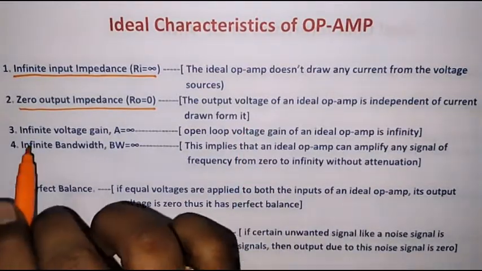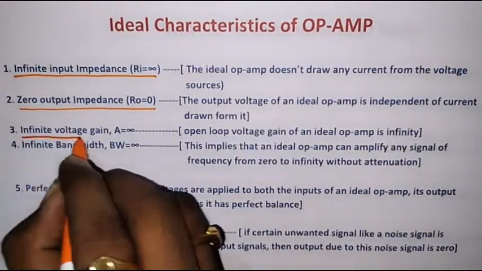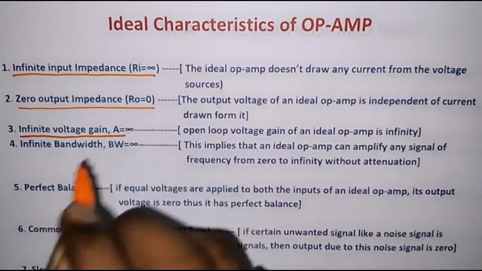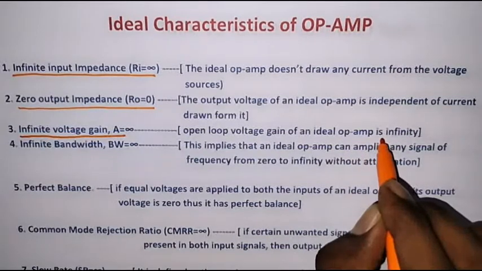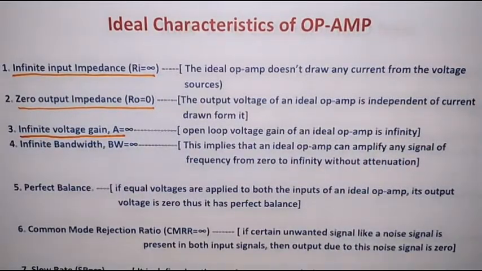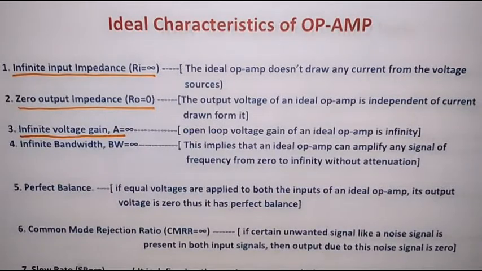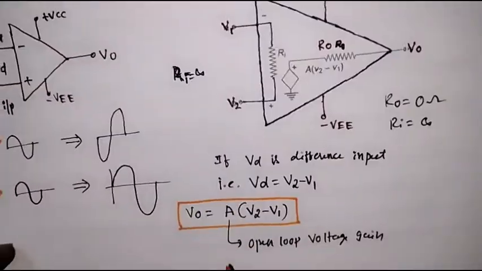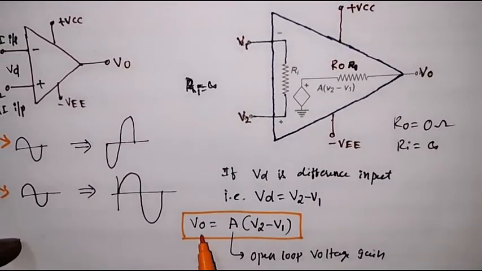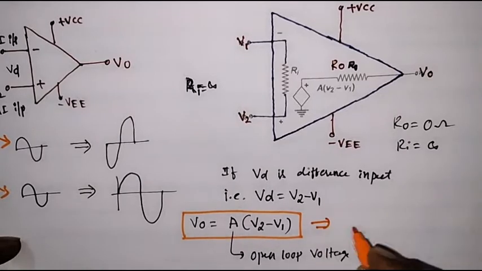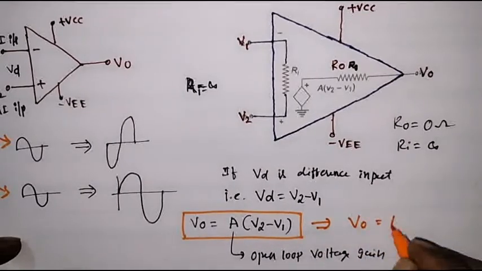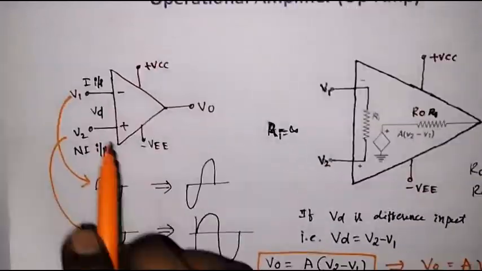The third characteristic is infinite voltage gain, that is A is equal to infinity. That is, open loop voltage gain of an ideal op-amp is infinity. Here we can see the output voltage expression of op-amp, that is Vo is equal to A into V2 minus V1. This can be written as Vo equal to A into Vd, where Vd is the difference voltage.